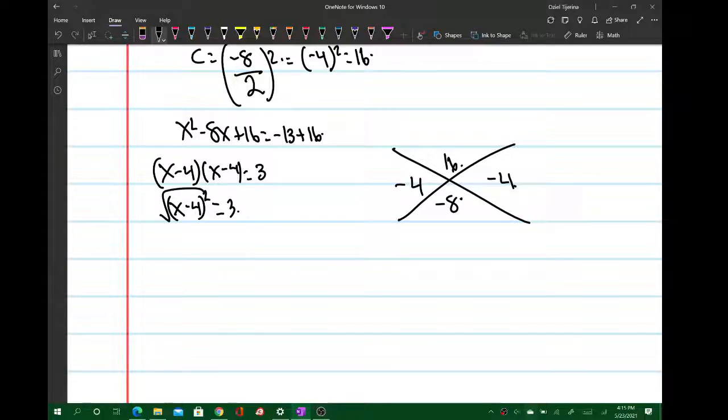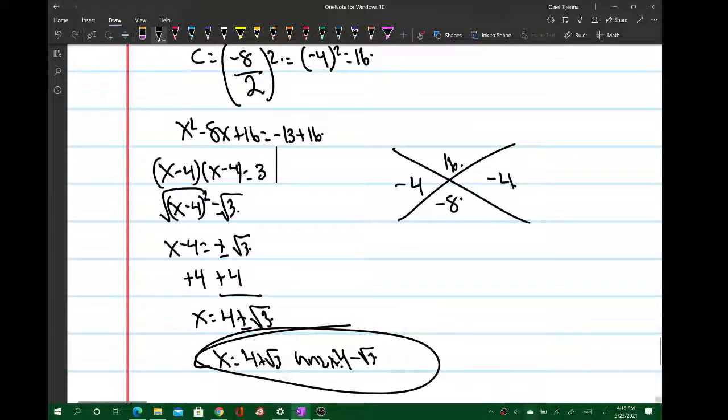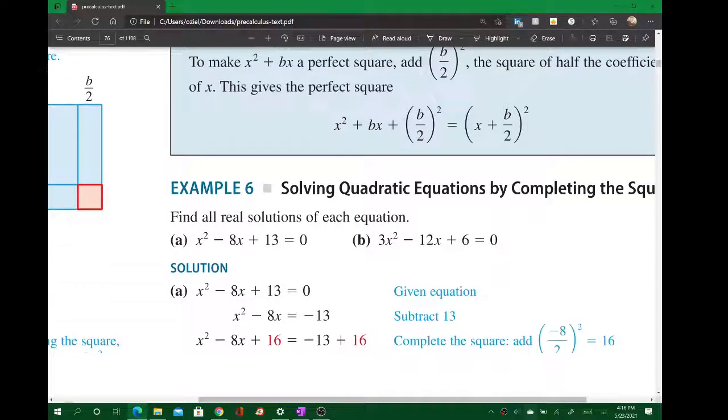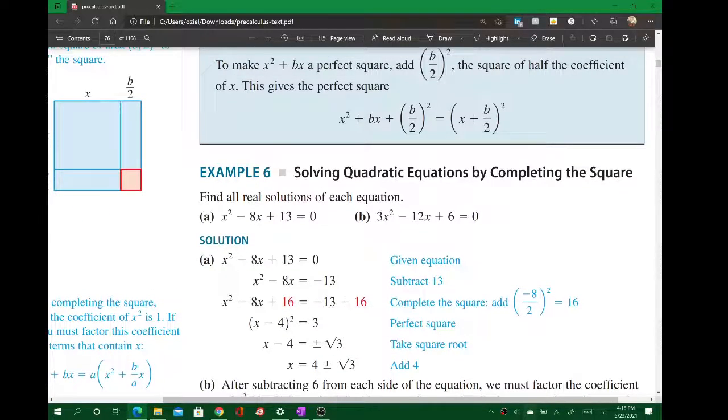Then you take the square root of both sides and say x minus 4 equals plus or minus the square root of 3. Then you add 4 on both sides, and you get x equals 4 plus or minus square root of 3. So your answers are 4 plus square root 3 and 4 minus square root 3. So you see here how they did it.